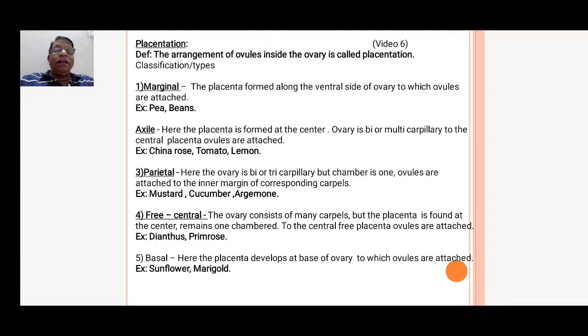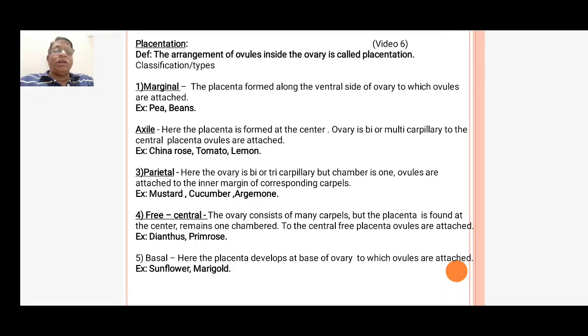It is seen in plants like China rose. China rose means hibiscus flower, you can say. Tomato flower. In lemon, we come across axial placentation.